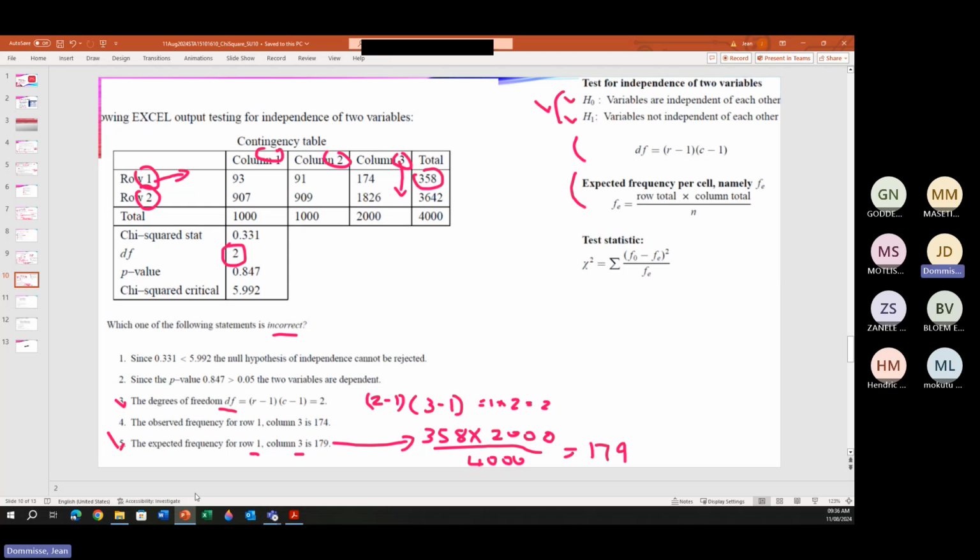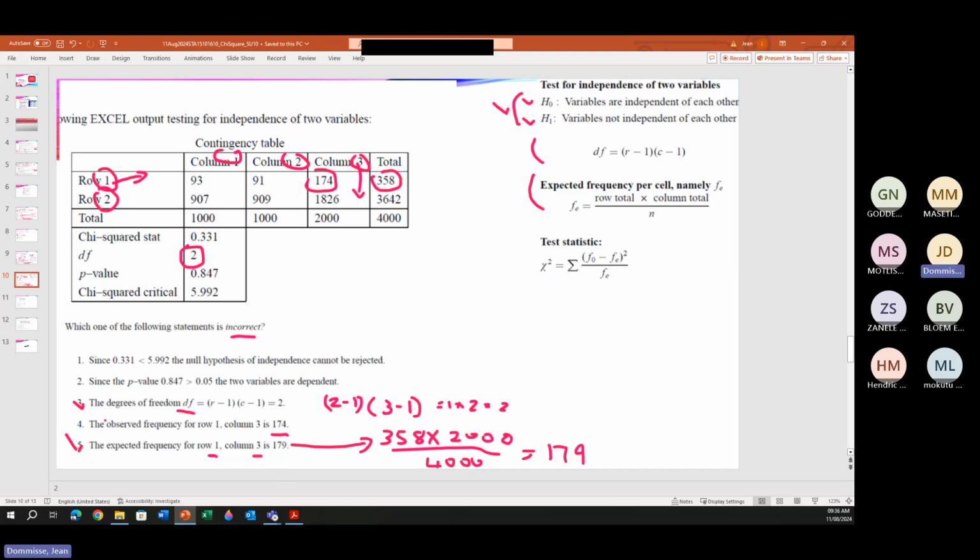Correct. Okay, the observed value is the one that is in the table because we observe it. Observed frequency for row 1, column 3 is 174. That is also correct.